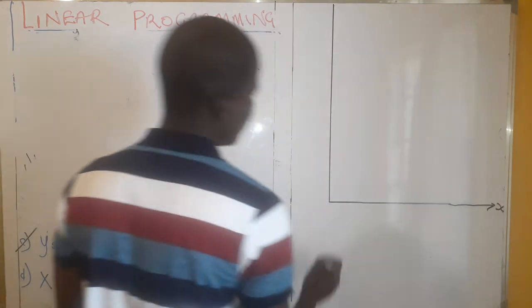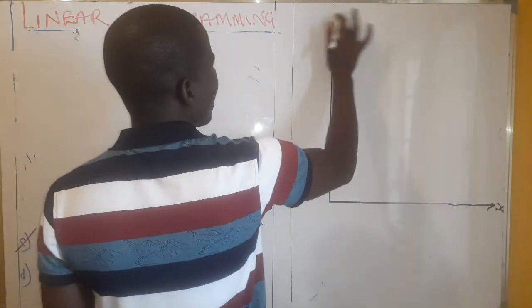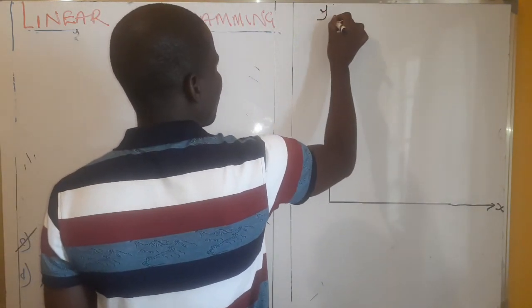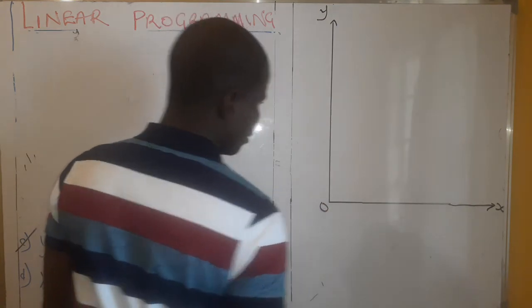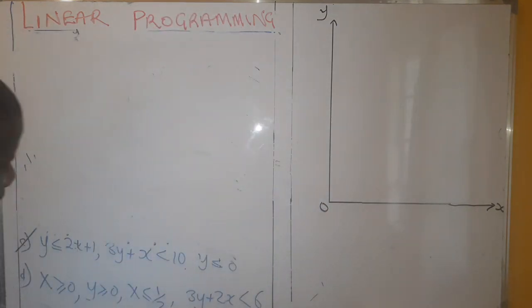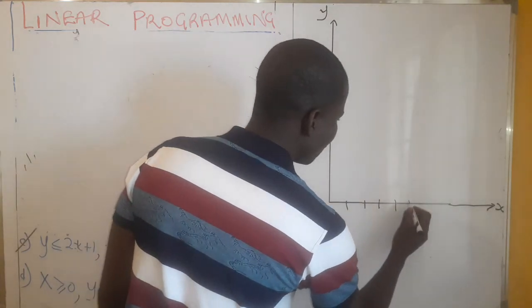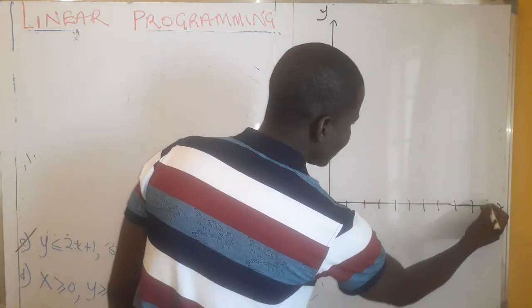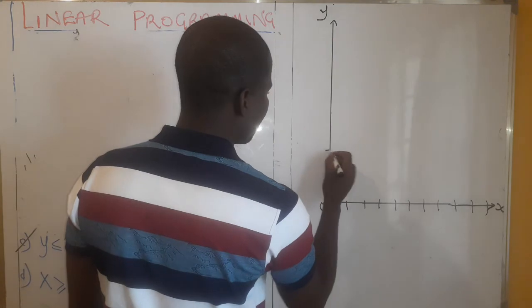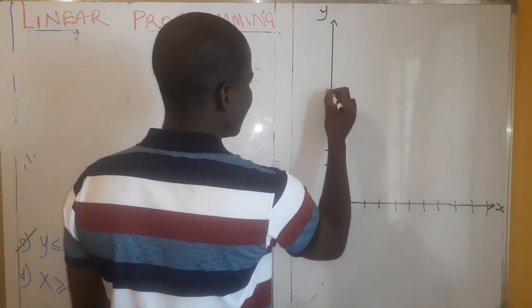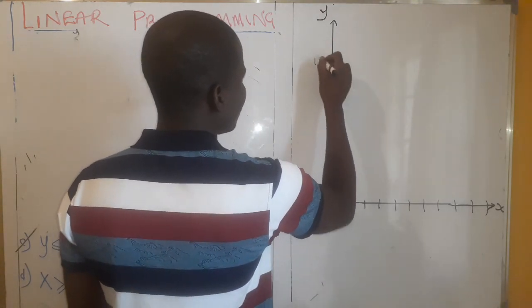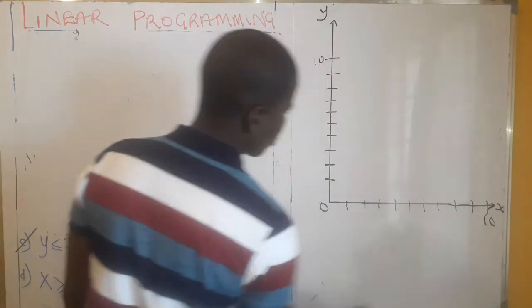Our x, and then this is our y. Okay. So we can have 1, 2, 3, 4, 5, 6, 7, 8, 9, 10. 1, 2, 3, 4, 5, 6, 7, 8, 9, 10. 10 is here, 10 is the last one.